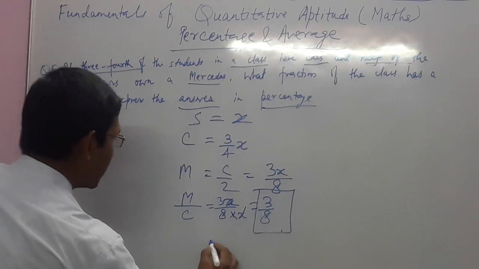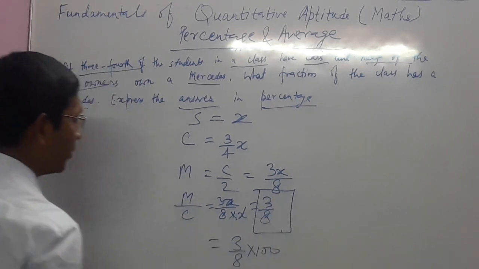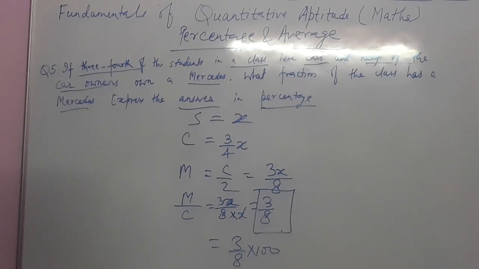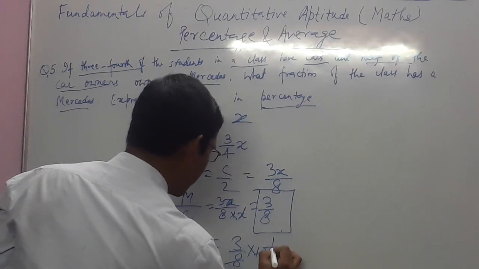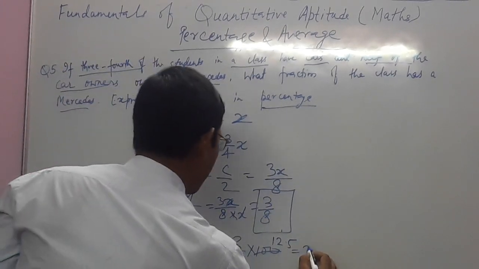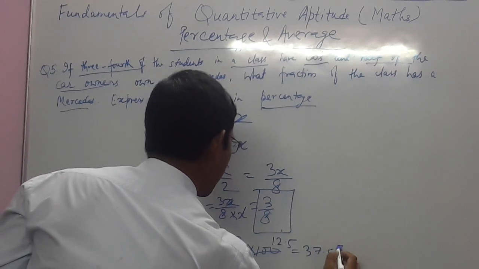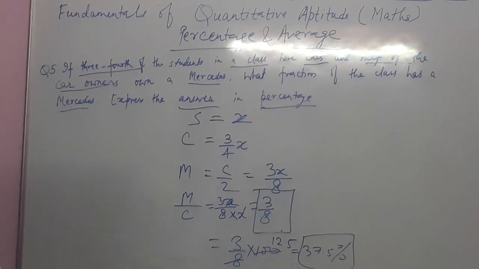So percentage will be the fraction multiplied by 100. It will be 37.5%. So 37.5% of the class will have a Mercedes.